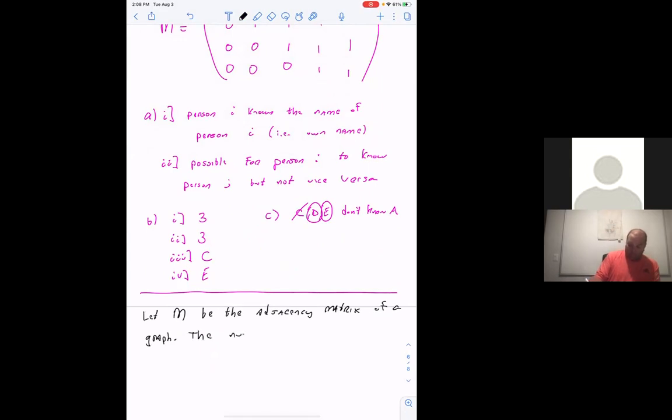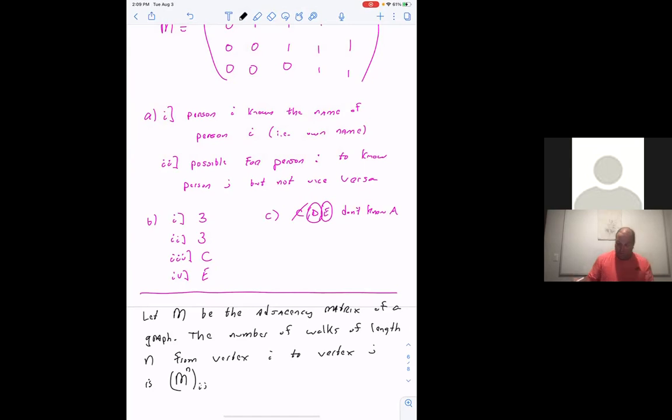The number of walks of length n from vertex i to vertex j is M sub ij, or M to the nth power sub ij. In other words, it's the ijth entry of M to the n power.